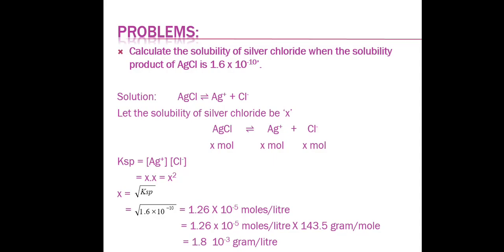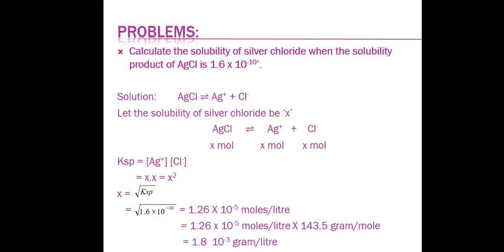And since the concentration of Ag plus and Cl minus is X in both cases, we are taking X into X, which is equal to X square. So what will be X? X will be equal to root over KSP. So if I put the value of KSP as 1.6 into 10 to the power minus 10, what I get is 1.26 into 10 to the power minus 5 moles per liter.